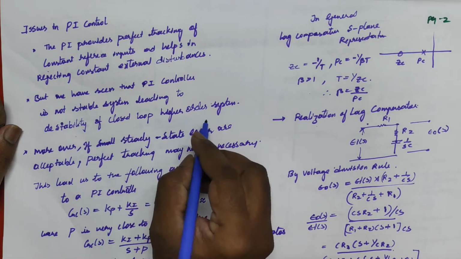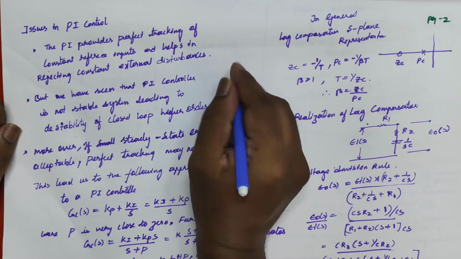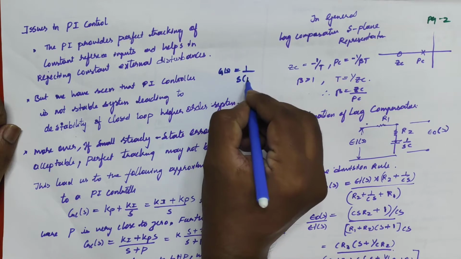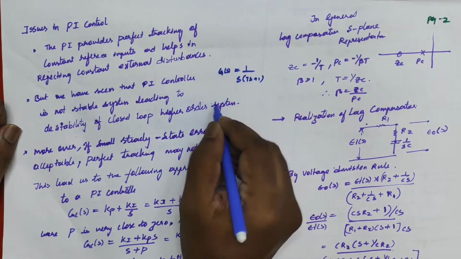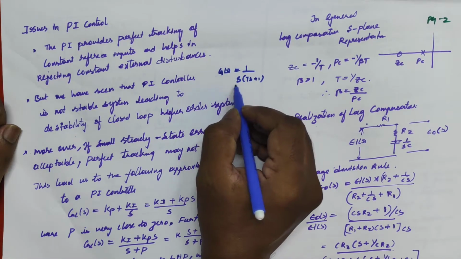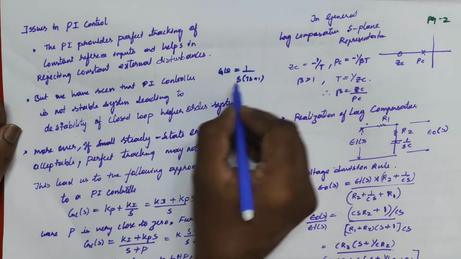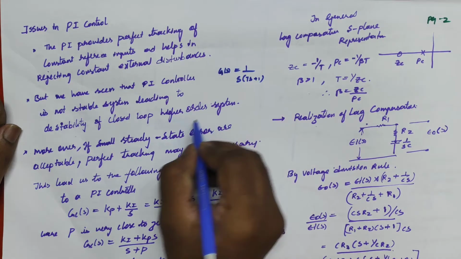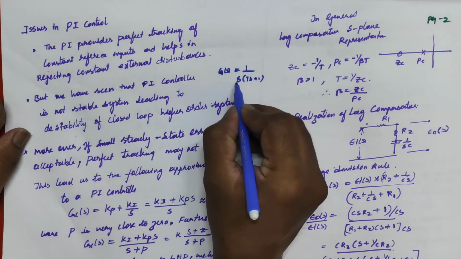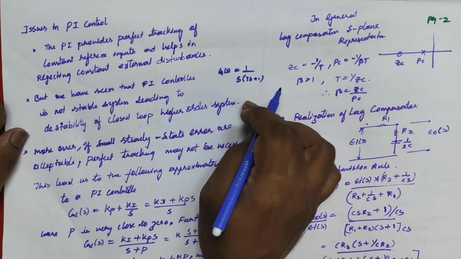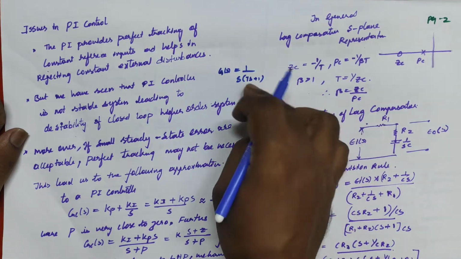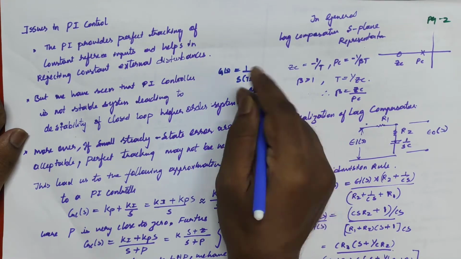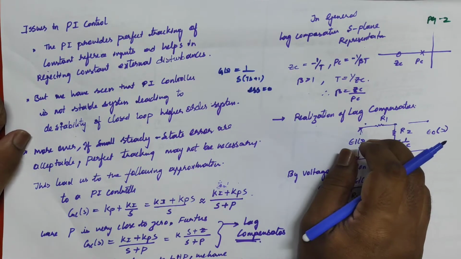Say, before we have seen a system like G(s) = 1/(s(Ts+1)). If we add a PI controller, extra poles are added and it gets into instability. So even though it gives a steady state error equal to 0, it leads to instability. There is a problem there.